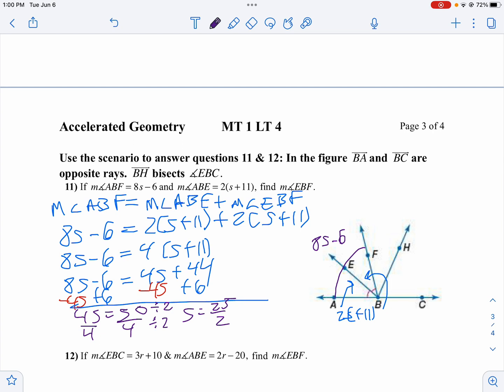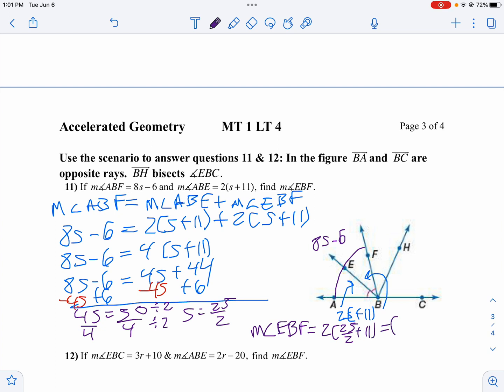Now in this question, I want to find the measure of angle EBF. I'm not quite done there. So to find the measure of angle EBF, I replace s with 25 over 2. So I get 2 times 25 over 2 plus 11.